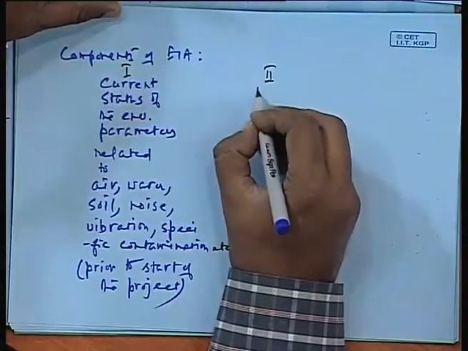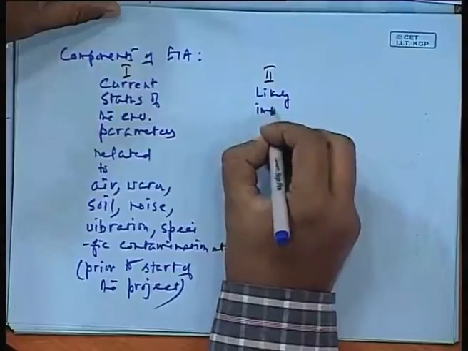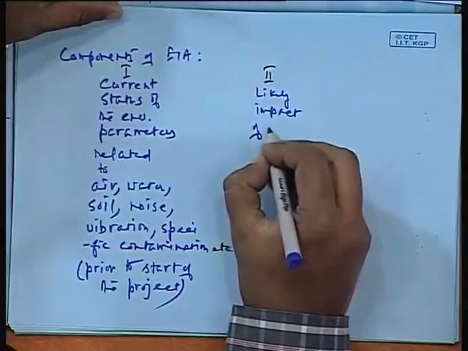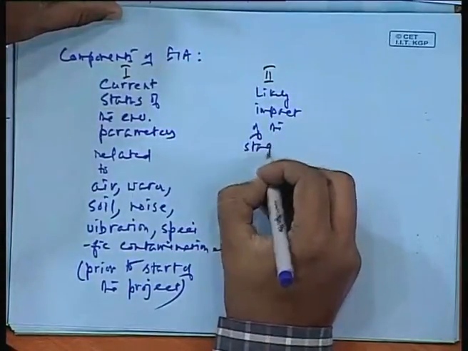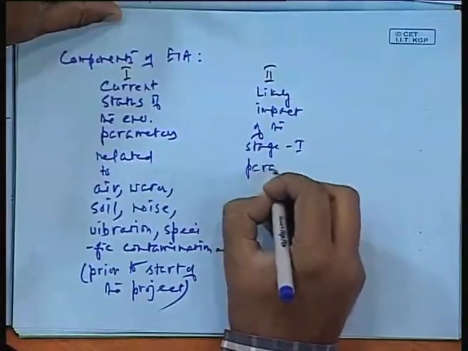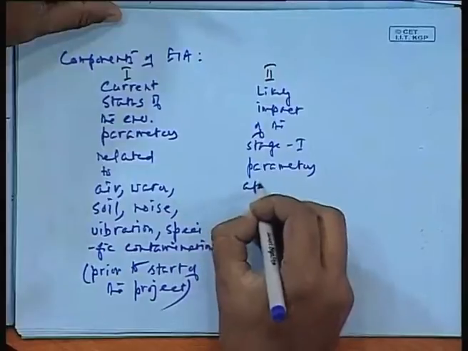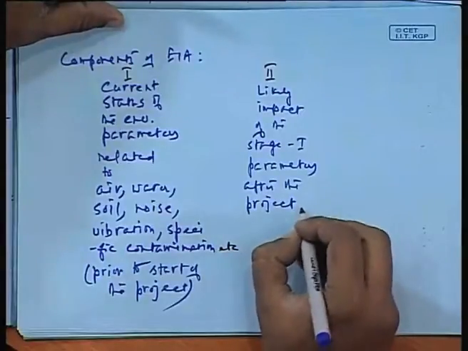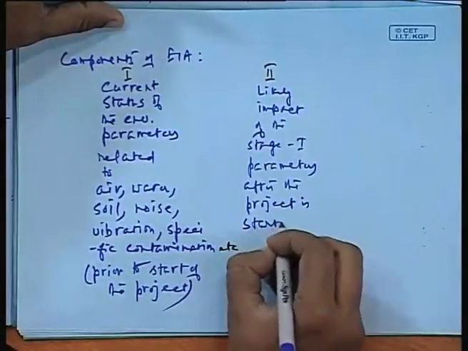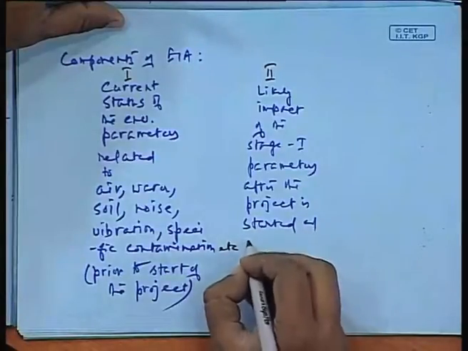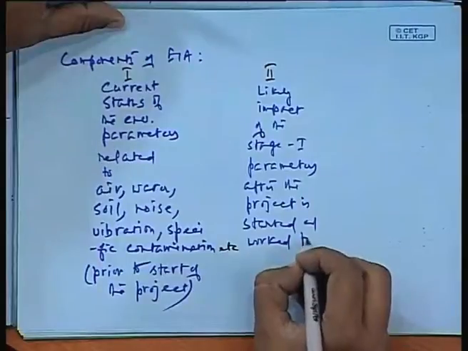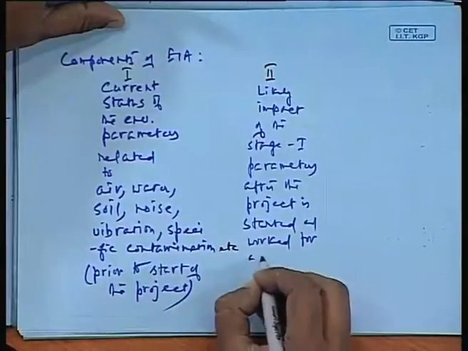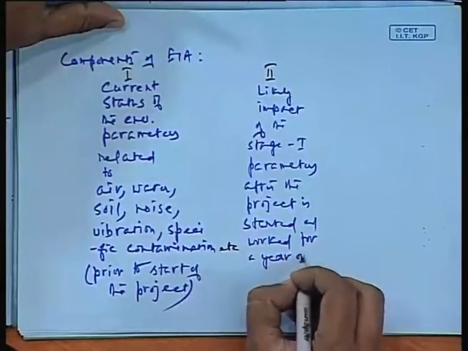The impact part is the likely impact of the stage 1 parameters after the project is started and has worked for a year or so.